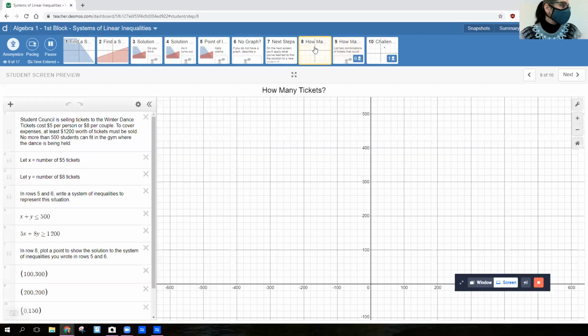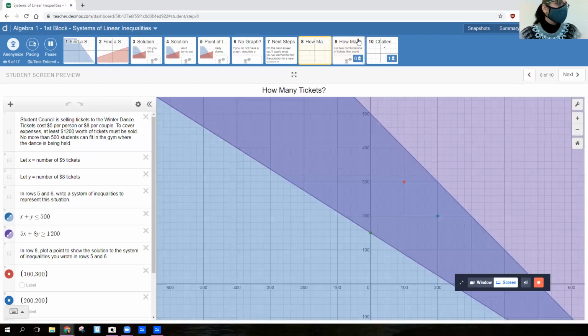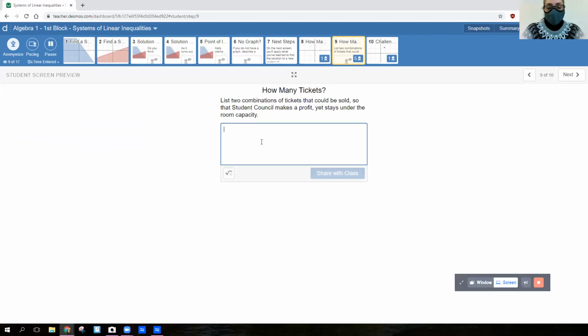And I will do the same thing. If you see somebody else's answer that matches yours, try to put a different one down. That way everybody in class can see that all different possibilities could still be correct.